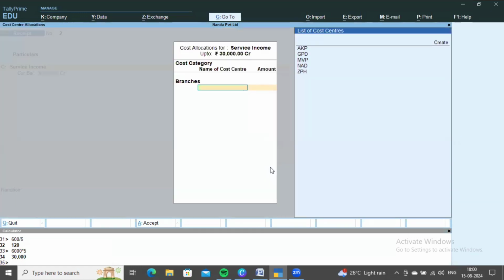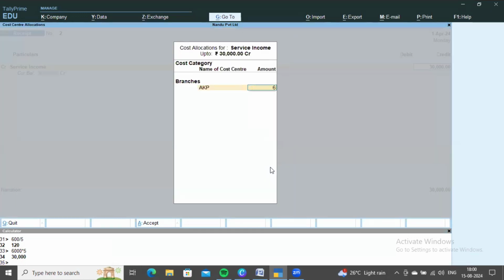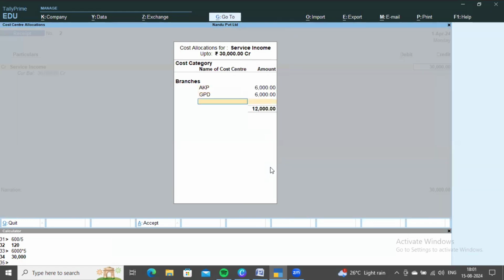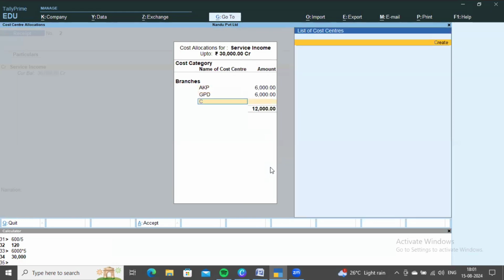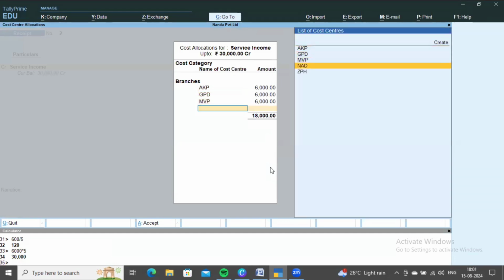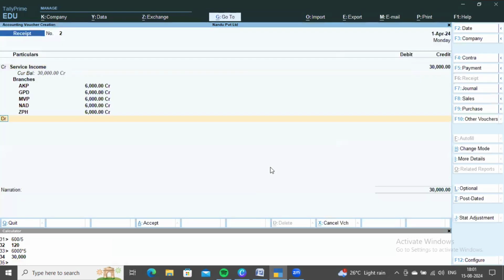Select branch here and give 6,000 to each. And you are receiving cash, right? And debit cash account.